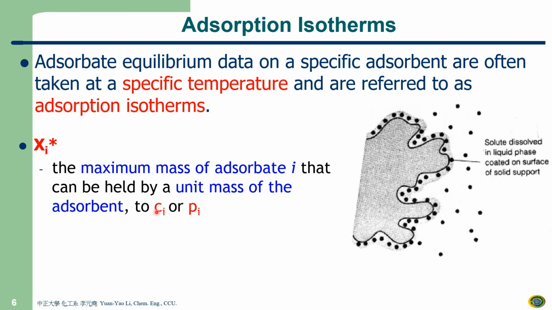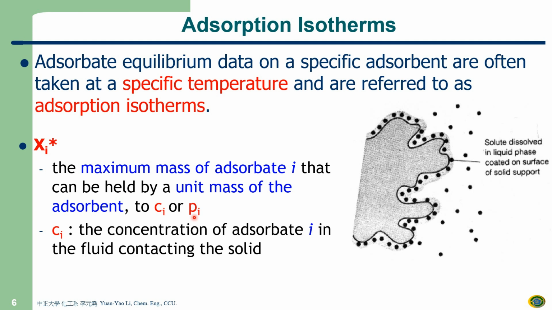And you can use Ci or Pi. C represents concentration, P represents pressure. Because in the gas phase, you don't use concentration C. You use pressure to represent the concentration. It depends on liquid phase or gas phase. Okay?